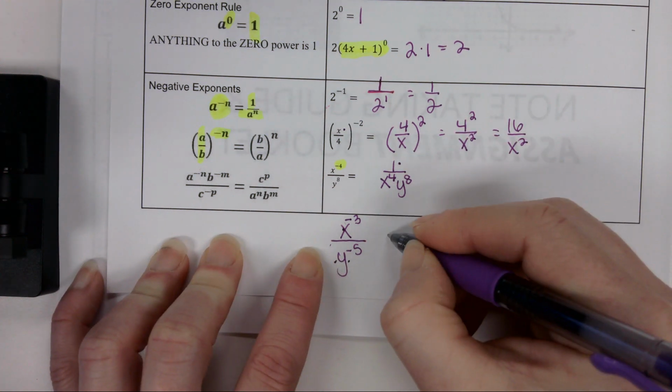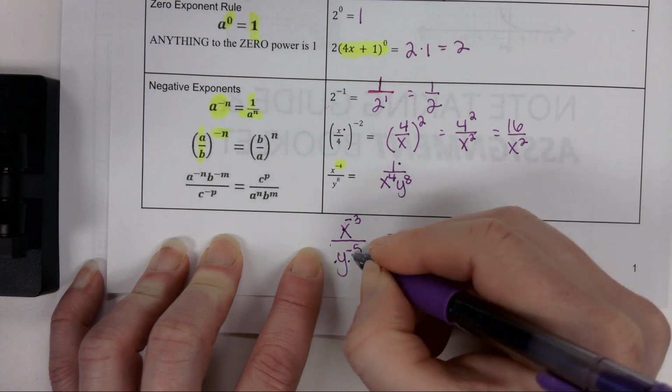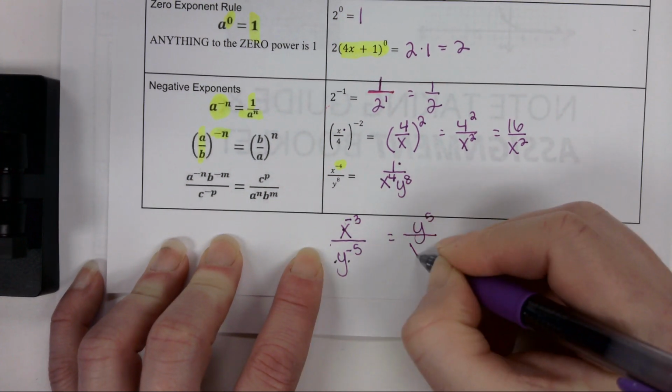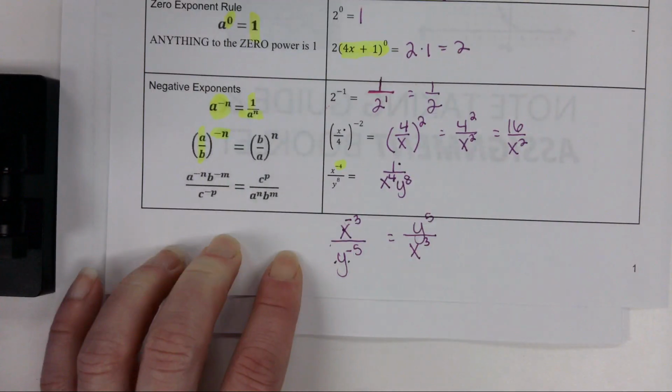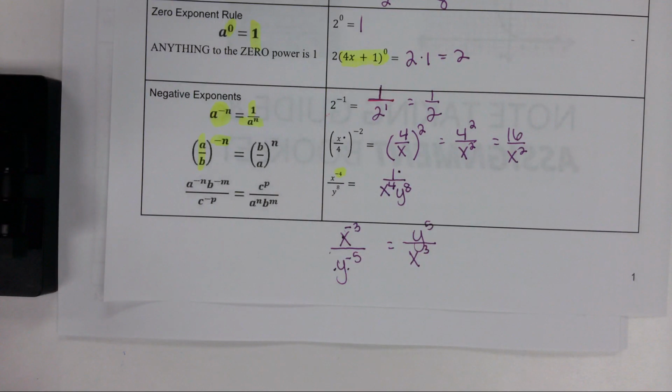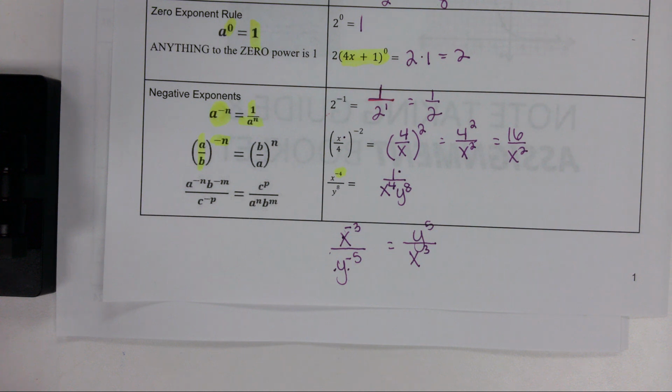So then I would have on top y to the fifth, on bottom x to the third. So when you have a negative exponent in a fraction, you just switch it to the top or bottom.